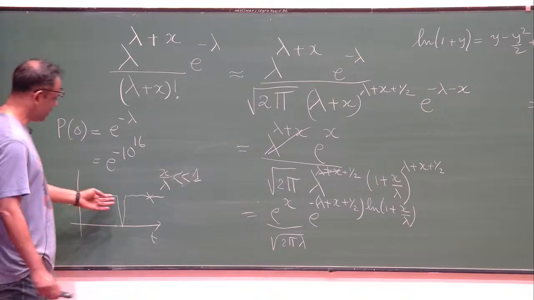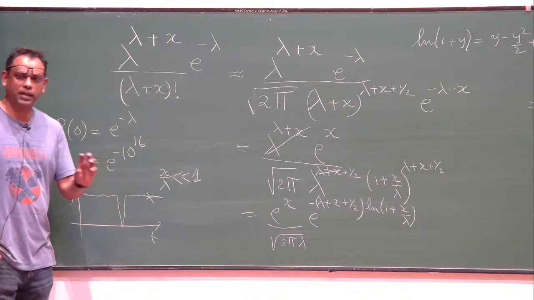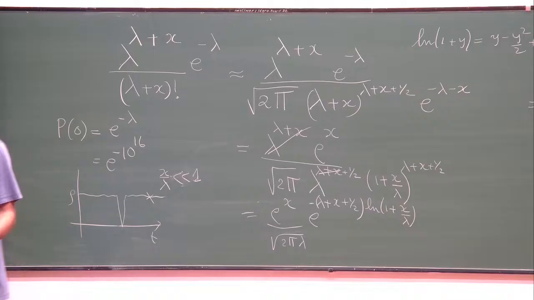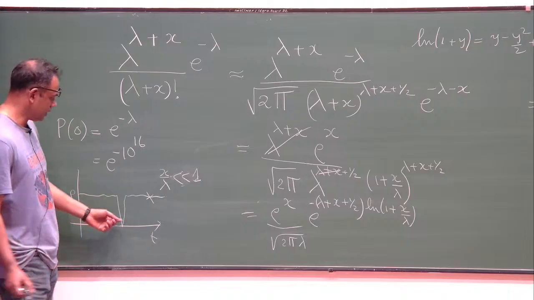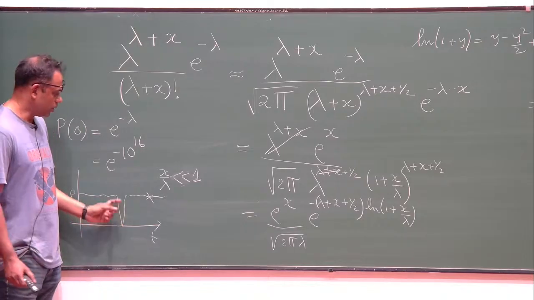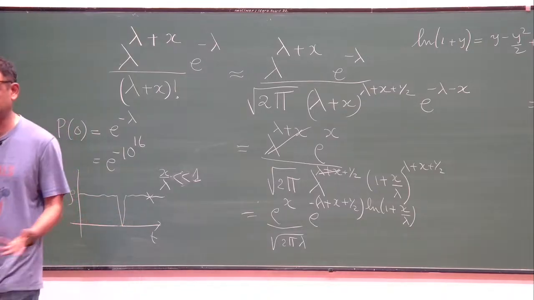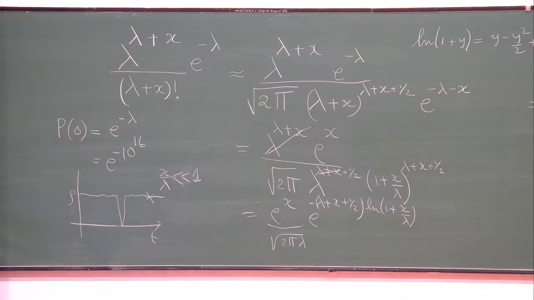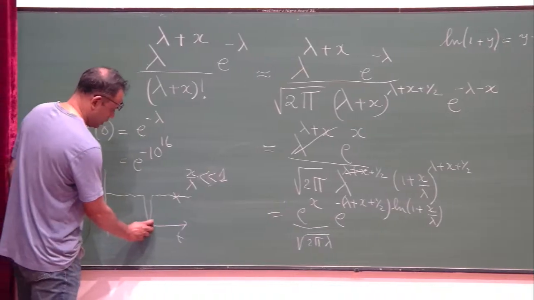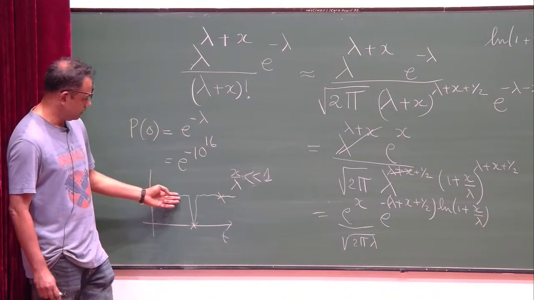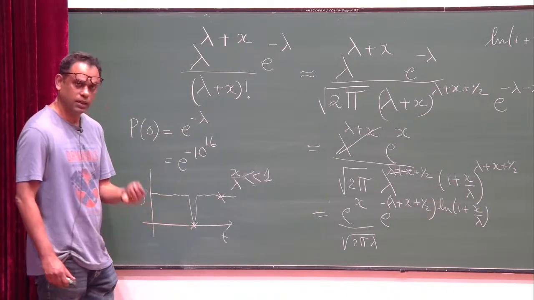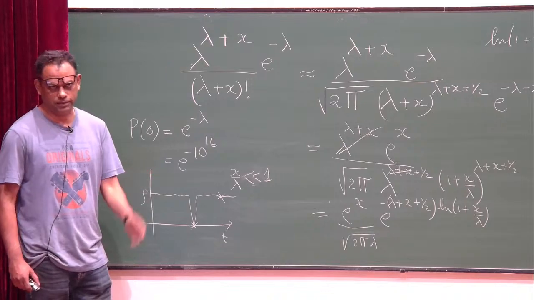I create the system in the beginning where there are no particles in delta V. Suppose I'm able to create such a system. Will the system know that I created it like that, or that it occurred due to a natural fluctuation? So I am sitting here, the system spontaneously evolved so that in the volume delta V there are no particles.